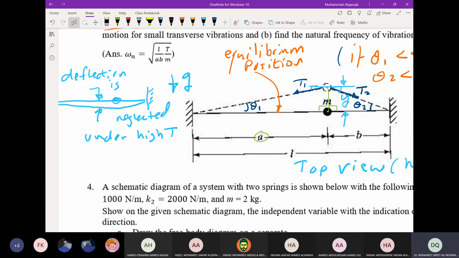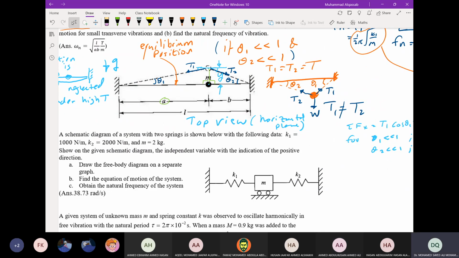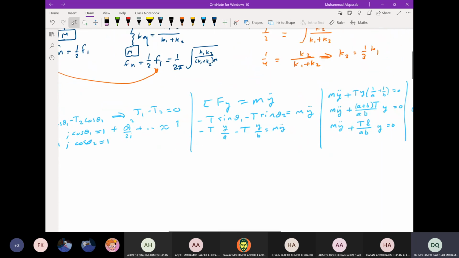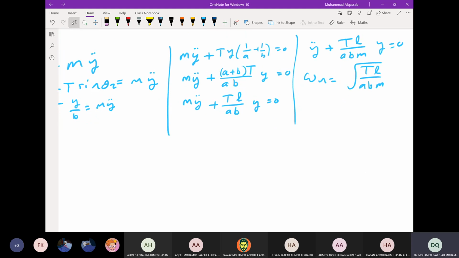It is given that omega n is the square root of LT over abm. So this is a problem that is not given as a spring and mass, but modeled in the same way. With the final equation we reach, you can create a spring mass system. K is given as TL over ab, and if you change those values, it means you are changing the value of k.